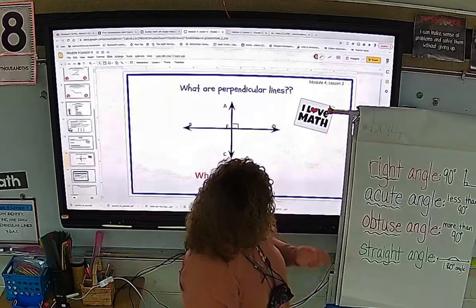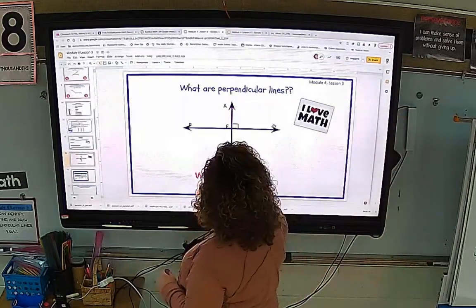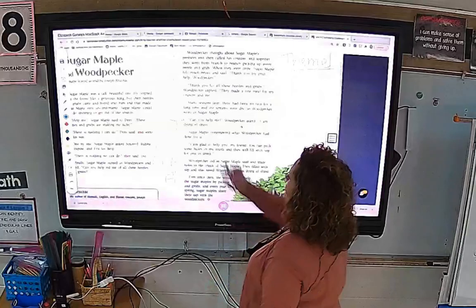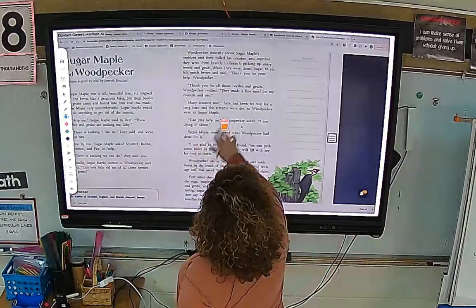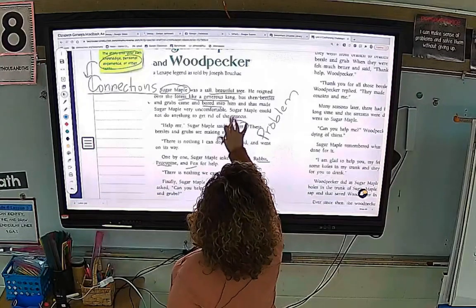So if I flip over to the board, this might be a little challenging to do, but I can kind of give you the idea. I'm needing to show you this because of perpendicular lines.